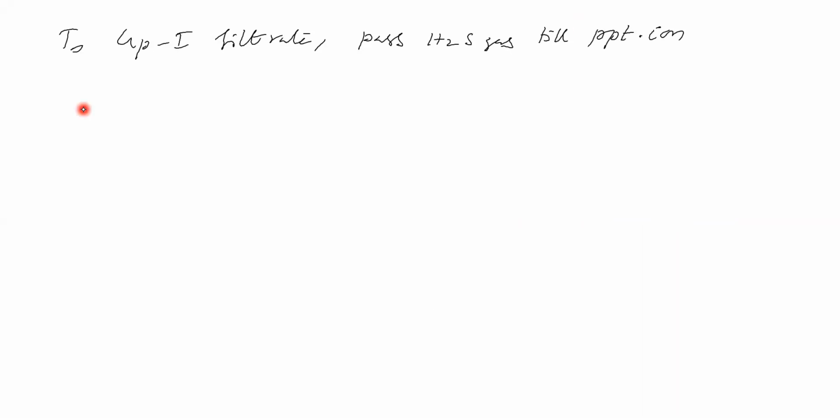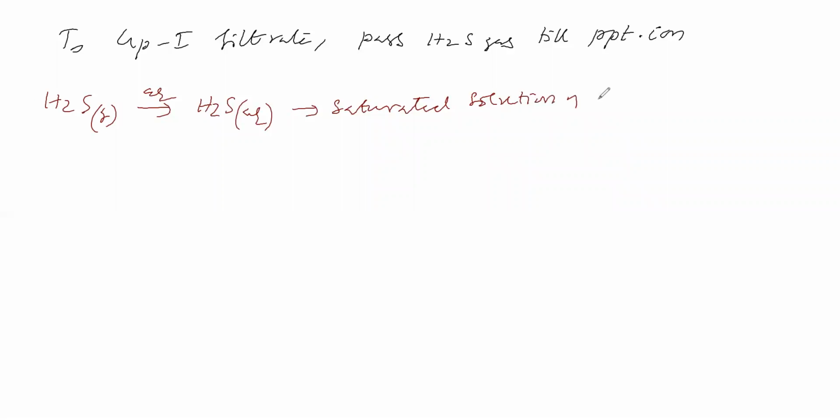Now we will take H2S gas. This H2S gas is passed into water, and we get H2S aqueous. This H2S aqueous is called a saturated solution of H2S. In this saturated solution, equilibrium is possible.